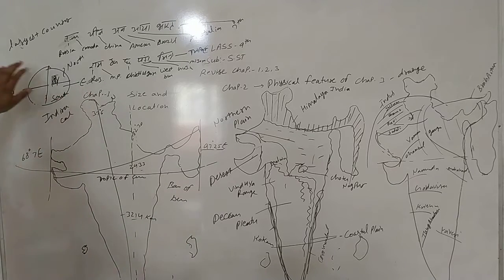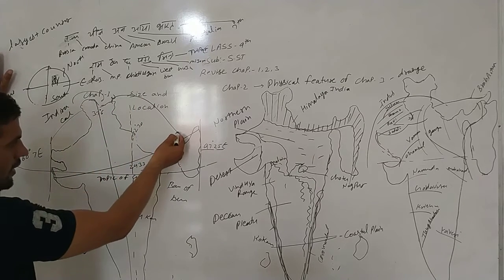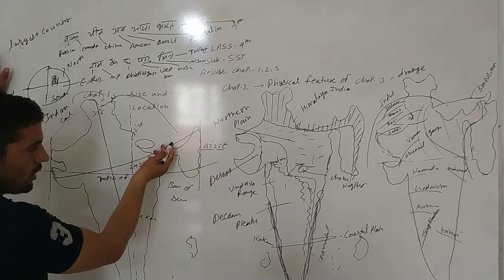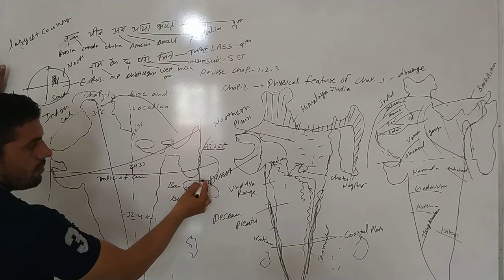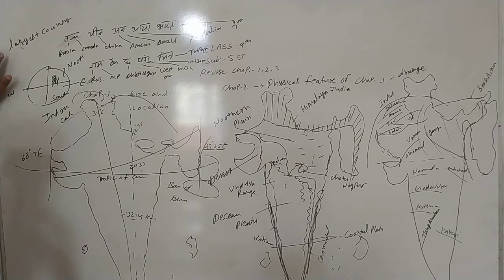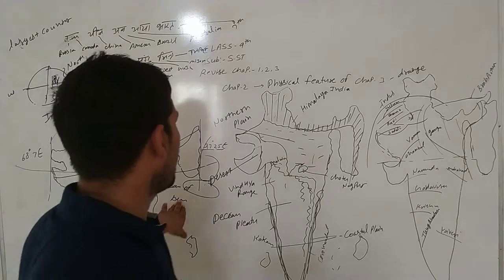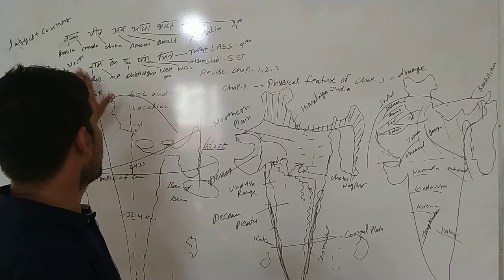So we discuss them: Pakistan, Afghanistan, China, Nepal, Bhutan, Bangladesh, Myanmar, and then Sri Lanka and Maldives. Sri Lanka is situated and Maldives is also situated downward.